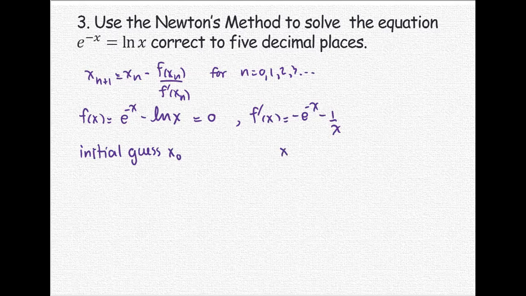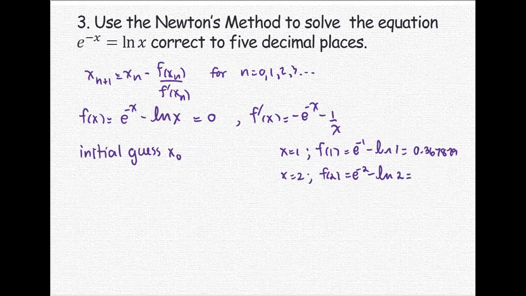For example, at x equals 1, the function at 1 is e to the negative 1 minus natural log 1. We get 0.367879, and so forth. For x equals 2, the function at 2 equals e to the negative 2 minus natural log 2, or approximately negative 0.557812.